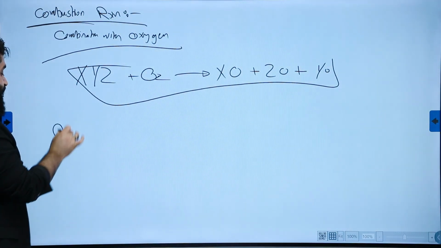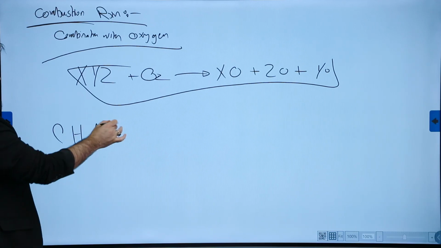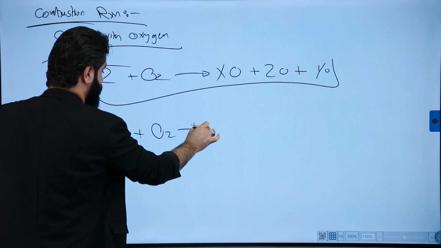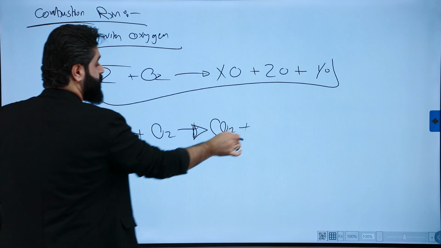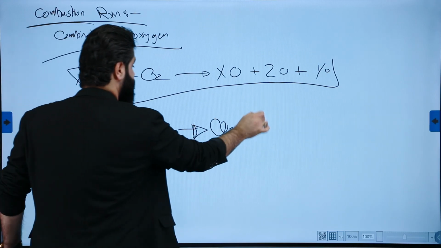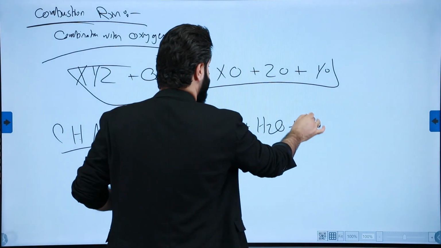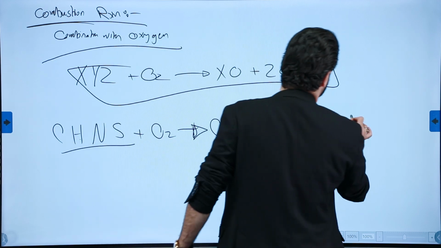For example, we have carbon, hydrogen, nitrogen and sulfur. Combining them with oxygen results in what? Carbon with oxygen results in CO2, plus hydrogen with oxygen results in H2O. You should know this. Nitrogen with oxygen results in NO2, and the combination of sulfur with oxygen produces SO2.